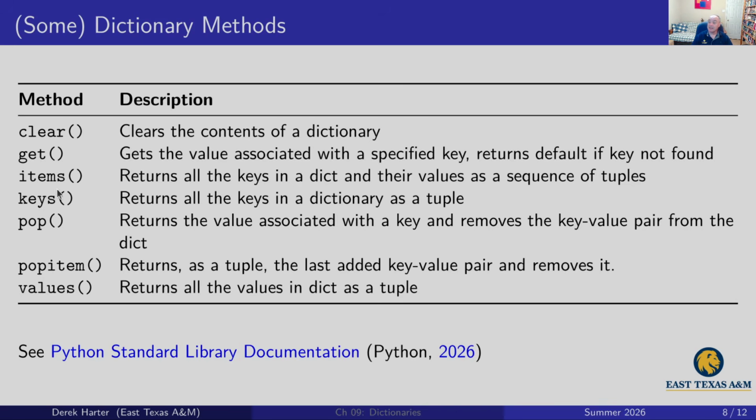You can get all the keys and values as a tuple, but you can also just get all the keys or just get all the values. And, I probably should have talked about this for lists, but like lists, with dictionaries you can kind of pseudo-treat it as a stack and push and pop things onto it.